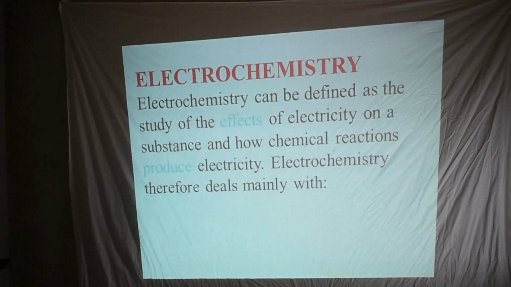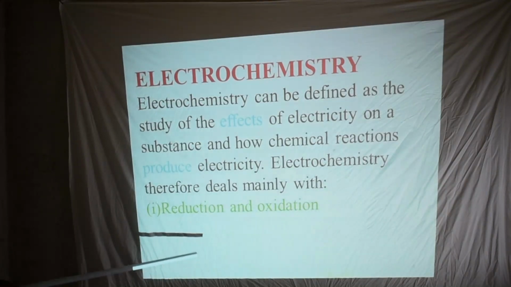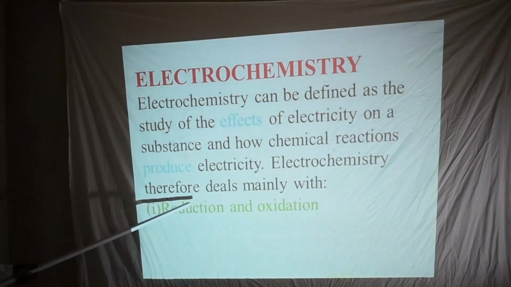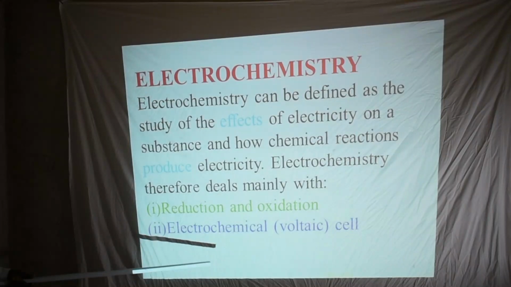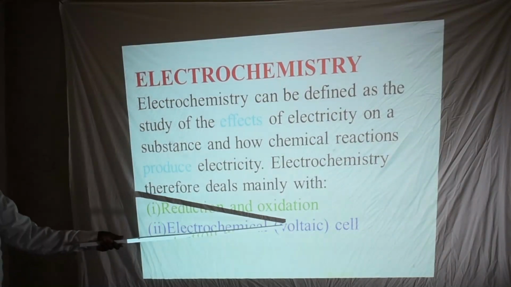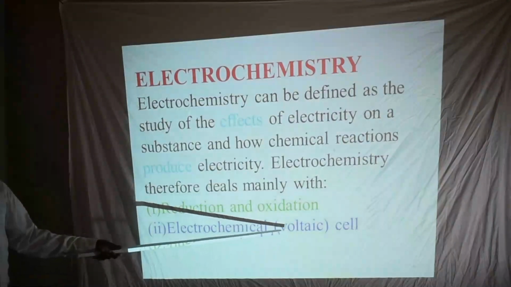Now, electrochemistry will deal with the following parts. Number one, we have what we call the reduction and oxidation. That is the first part that we are going to deal with. Number two, we are going to deal with electrochemical cell or voltaic cell.